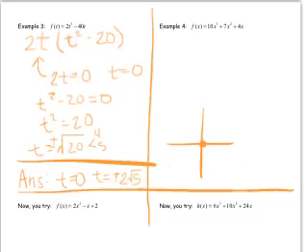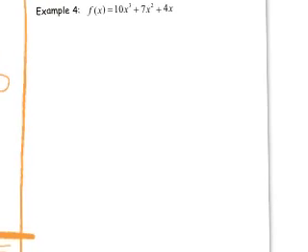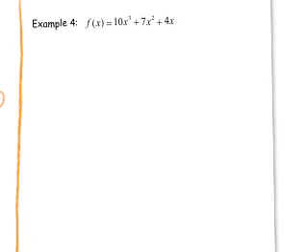All right, let's do the last one. 10x cubed plus 7x squared plus 4x. So how do I start? GCF x equals 0. So if I pull out that x, I'm left with 10x squared plus 7x plus 4.